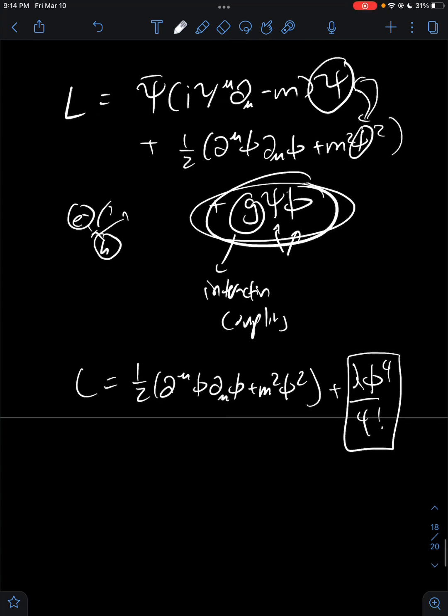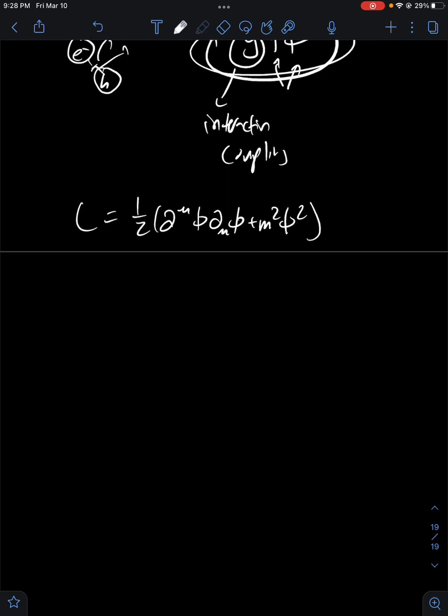Now you guys might be wondering, isn't this over here already an interaction term? This is certainly something that I have always wondered. It turns out that it is, depending on how you define interaction. We can consider this entire term an interaction term, where the mass would be the interaction strength, or the coupling.